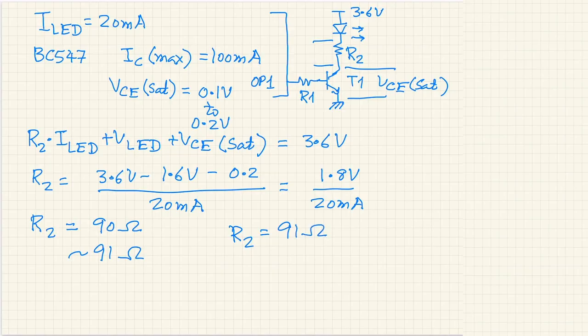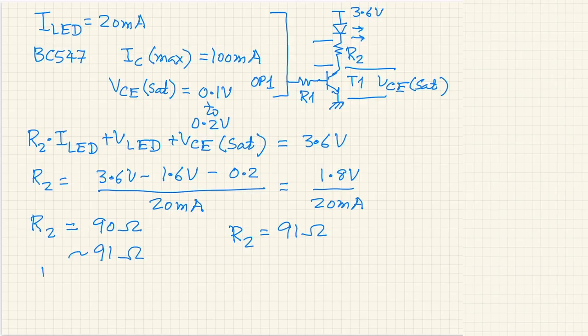Now, having a value of resistor is important, but also selecting an appropriate resistor which can dissipate the power is important. In this case, we must find out the power dissipated by R2, so that we can choose a resistor which can dissipate more power than that, so that it operates in a safe region.